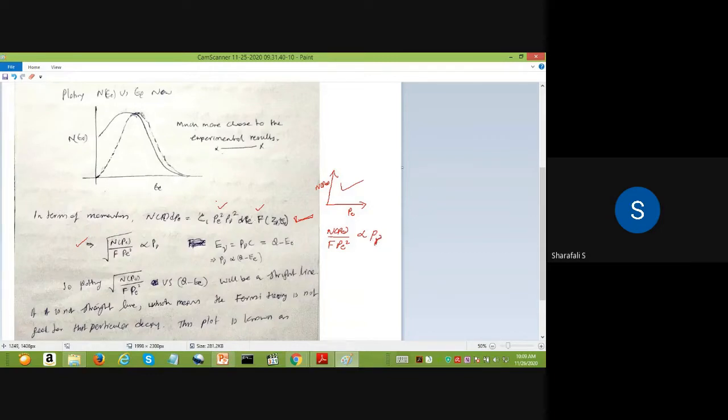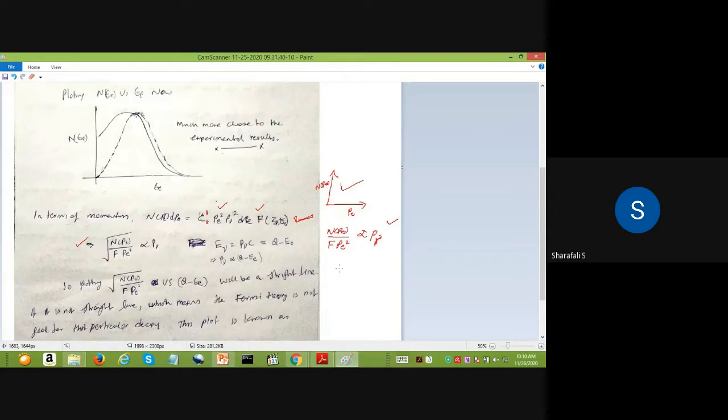So the dpe dpe cancel each other. This is the relation, and c1 is a constant, we can say c dash. So it's a constant, and the remaining terms we can relate like this, that is n of pe by f pe square is proportional to p nu squared.